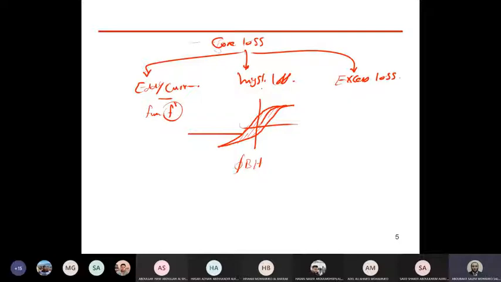Let me give you an example. If we operate a motor using a sinusoidal supply, you may, for instance, find 100 watts of eddy current loss and, for instance, 200 watts of hysteresis loss.